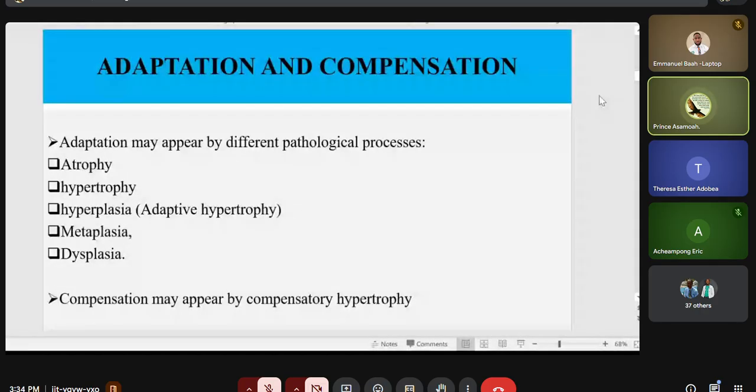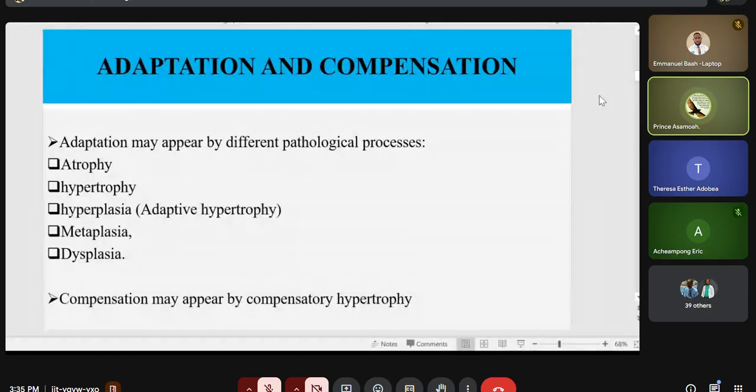You can also find one called metaplasia. And finally, one appears also as dysplasia. So the adaptation mechanisms may appear in any one of these pathological processes.